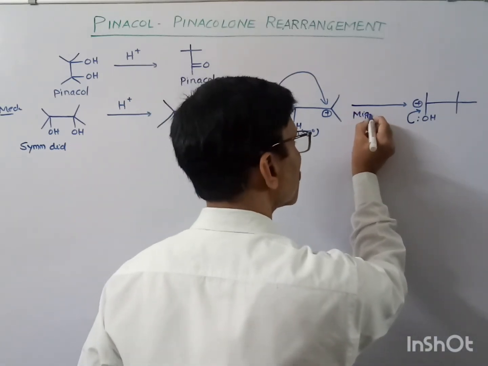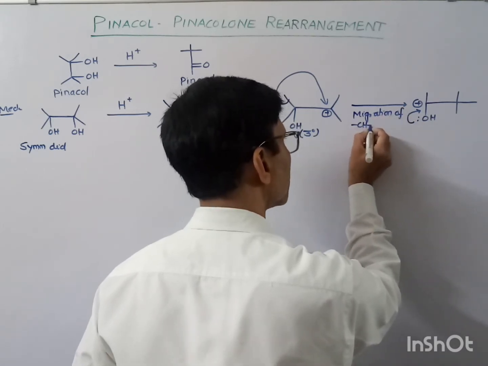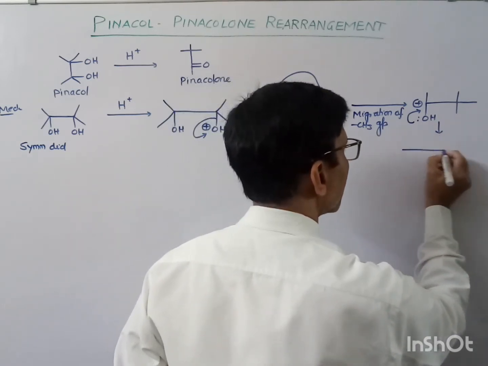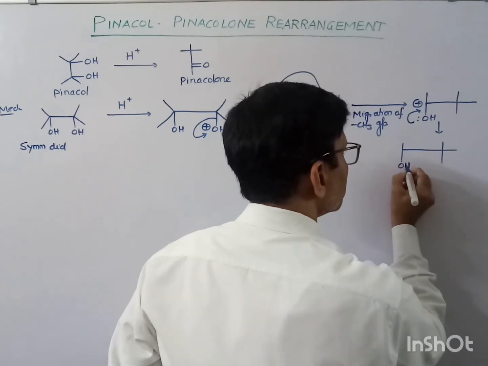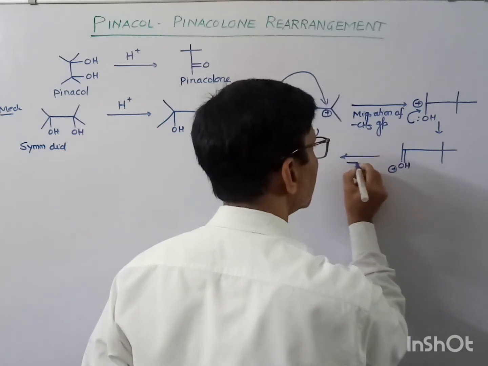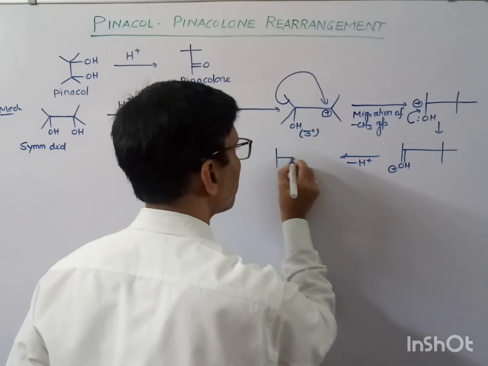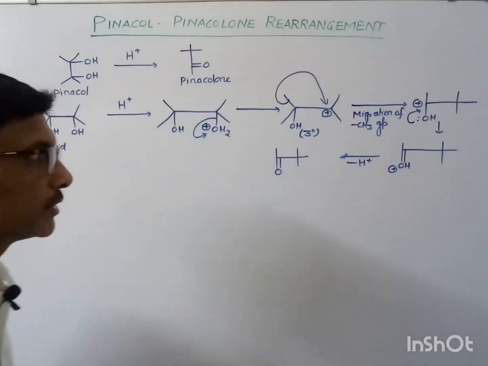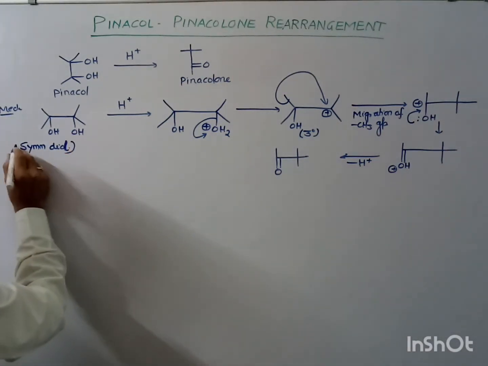This is the migration of the methyl group taking place here. And finally, what you will get? The removal of this H plus from here, and we will get the pinacolone formed. Okay, so this is about the symmetrical diol.